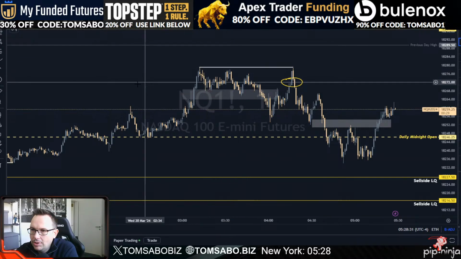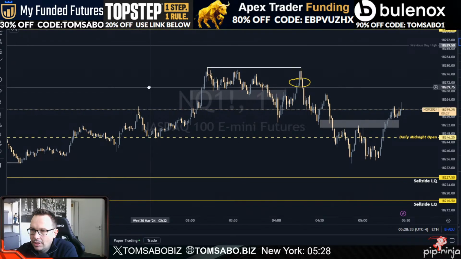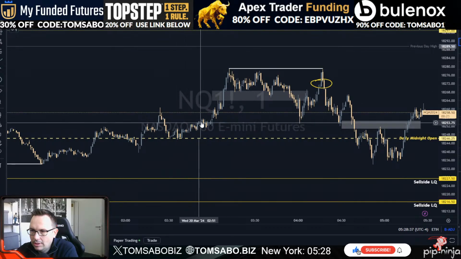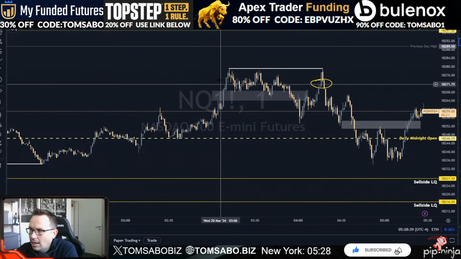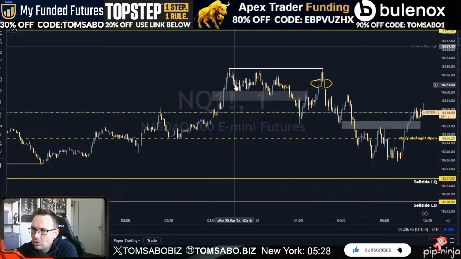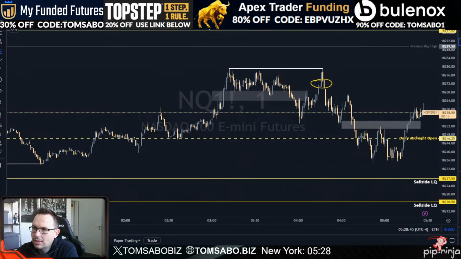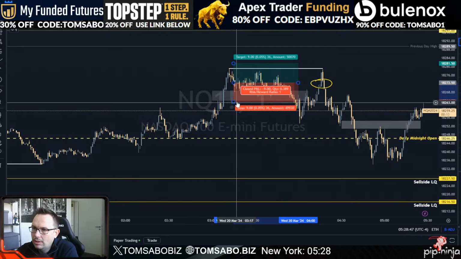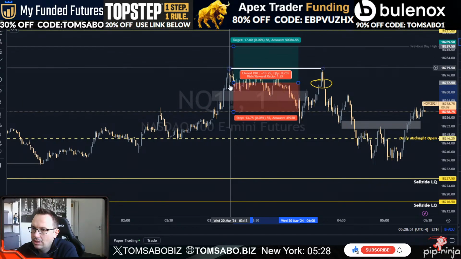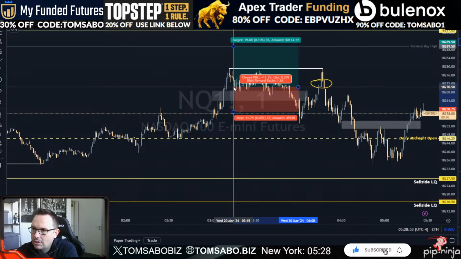My trade originally that I took was, hold on, I was targeting yesterday's high. So my original trade was this. I started with this trade here. My stop loss was here, and I was targeting, actually I entered somewhere here.